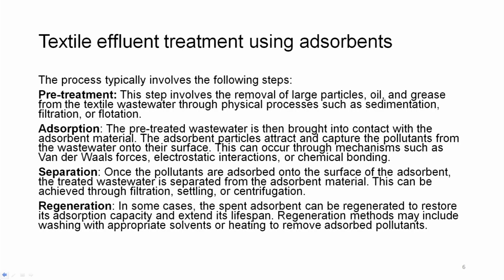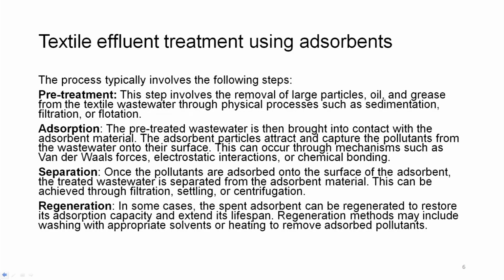Pre-treatment: this step involves the removal of large particles, oil and grease from the textile wastewater through physical processes such as sedimentation, filtration and flotation. Adsorption: the pre-treated wastewater is then brought into contact with the adsorbent material, and this is the main step.